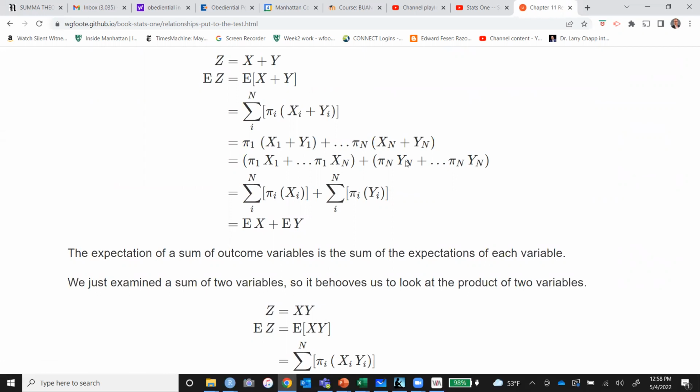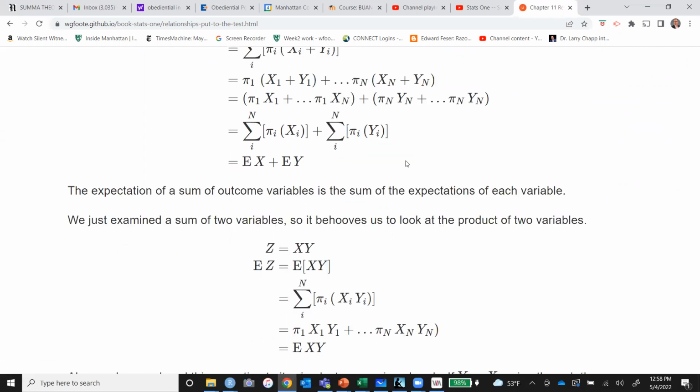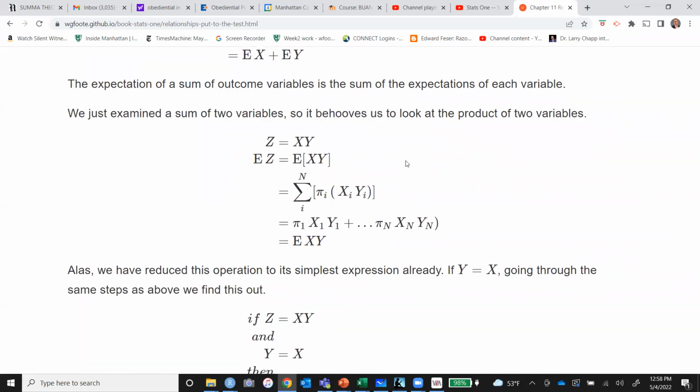I guess that's what that means, but neither here nor there. And we can compute, for example, if we have a product. Now we know where the products come from, things like variance. That's where this is going.